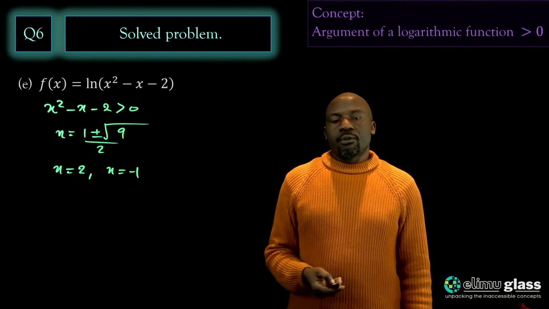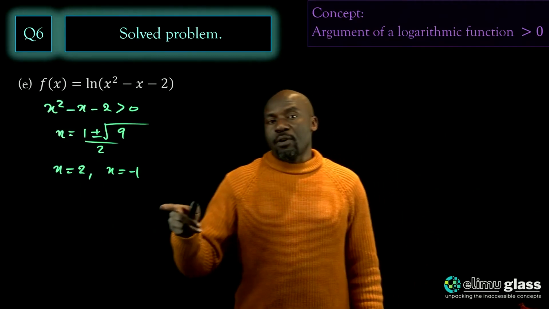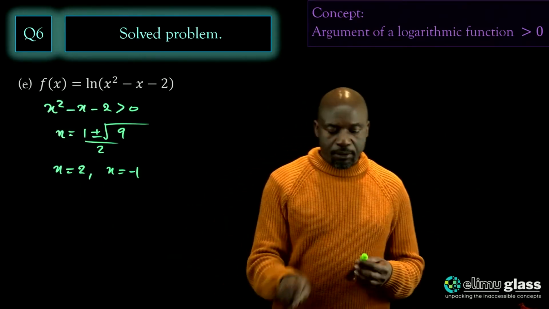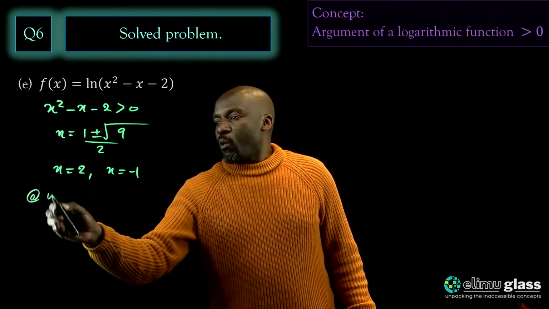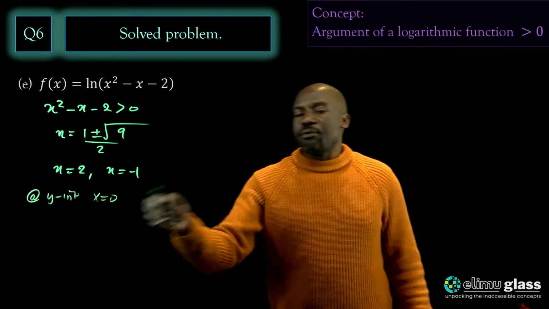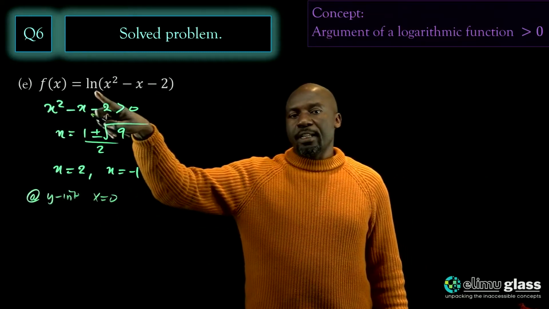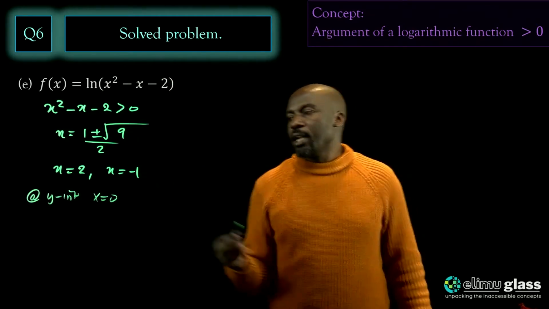Where does the graph cross? Does the graph cross the y-axis? The graph crosses the y-axis when x is 0. So let's show this. At the y-intercept, x has to be 0. But if we put x is 0 here, we get ln of a negative number, which is not possible, okay?